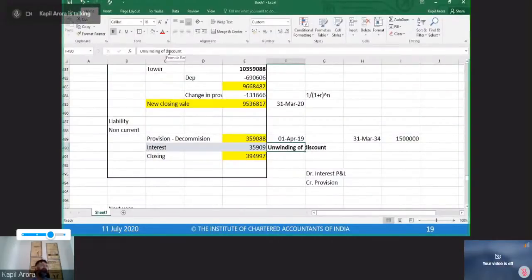Because of time value of money, whatever impact is coming in should not go to the balance sheet. Time value of money impact we consider in the profit and loss account. That is the reason the interest portion is going to the profit and loss account. Hope this is okay with all.